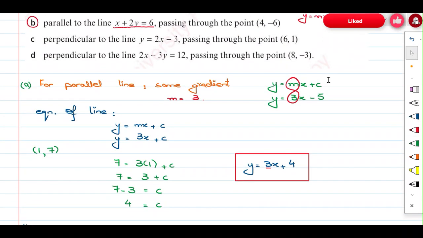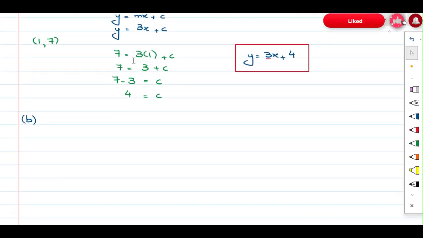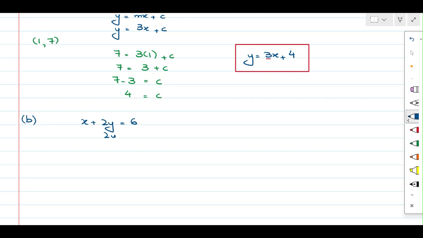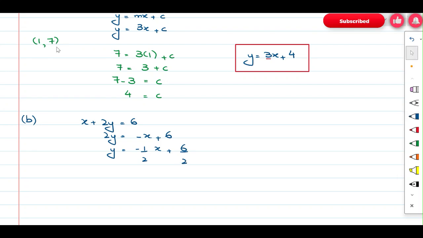Okay, now for part B, x plus 2y equals 6. The first thing is to convert it into slope-intercept form. So keep the 2y over here and shift the x to the other side, and 6 is already on the other side. Shifting x becomes negative x. Now dividing by 2, y equals minus 1 by 2 times x plus 6 by 2, and 6 divided by 2 gives me 3.